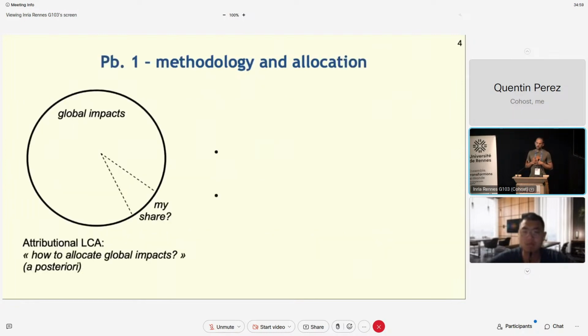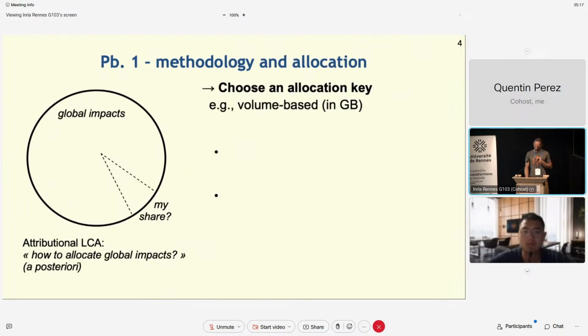To begin with, it is important to recall that in such studies, we are usually using an attributional methodology. That is, we start by estimating the overall impact, and then we somehow strive to allocate them to the targeted functional unit. For instance, for data transfer, this is typically done using data volume in gigabyte as the allocation key.